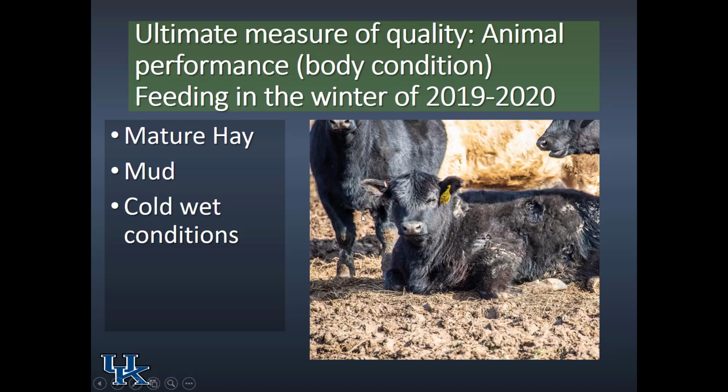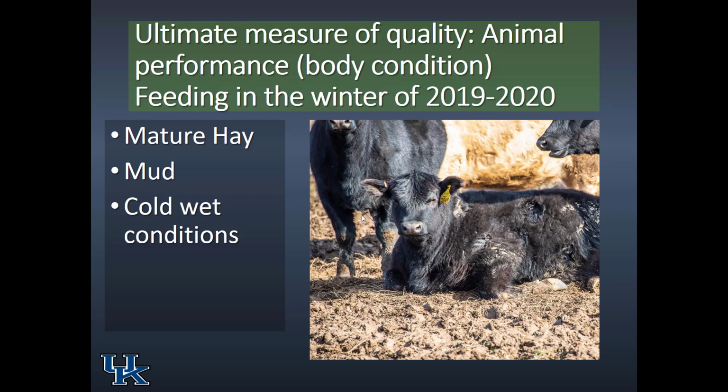So again, I want to talk about the fact that if we're going to know if we've got good hay or not, or good forage or not, the ultimate measure of quality is animal performance or body condition. And I want to use the feeding in the winter of 2018-2019.